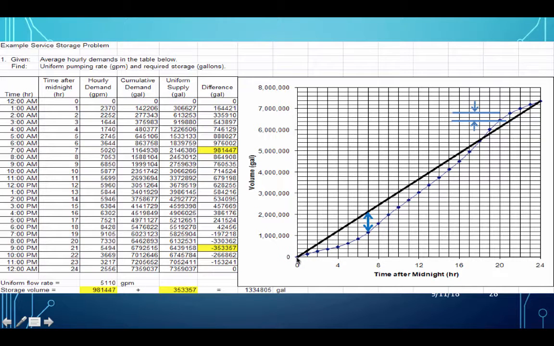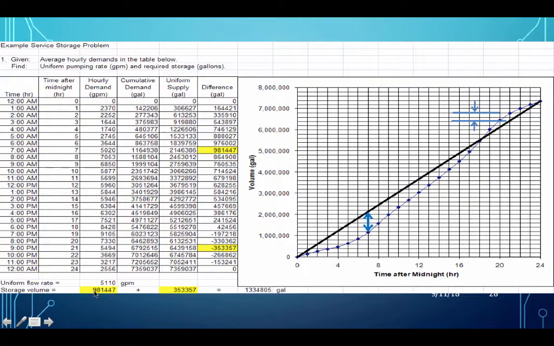And then we're going to go ahead and specify a pump rate so that it starts at 0 at time 0 and it ends at the same cumulative value, 7.359 million gallons at the end of 24 hours. So we take the 7.359 million, divide by 24 to get gallons per hour, divide by 60 to get gallons per minute.